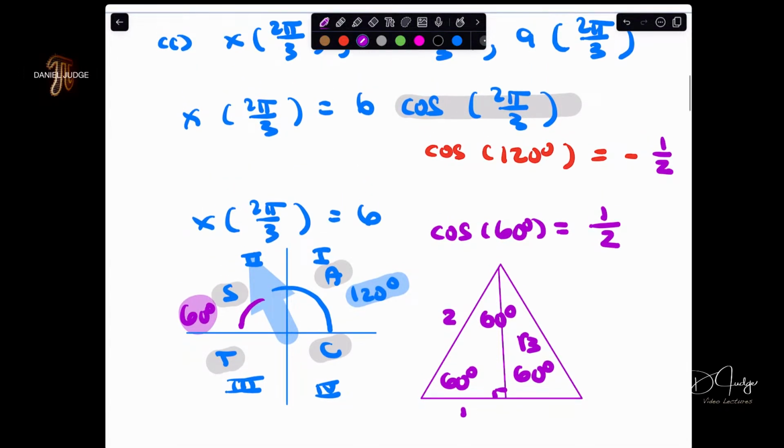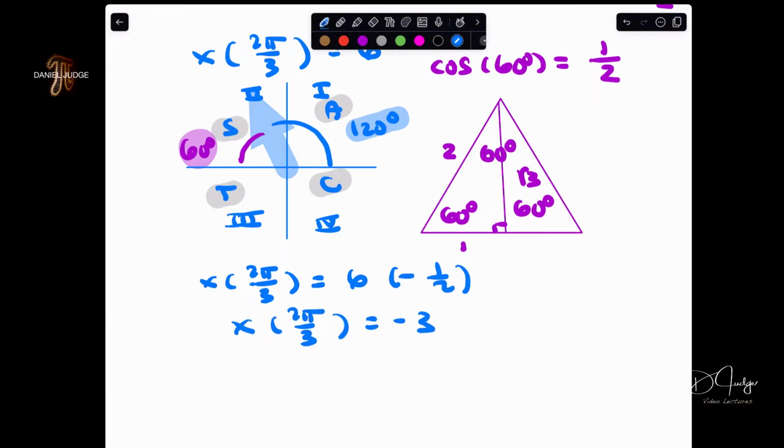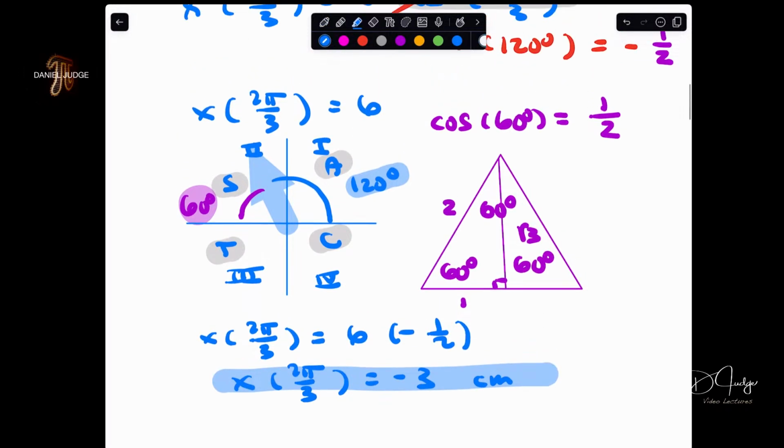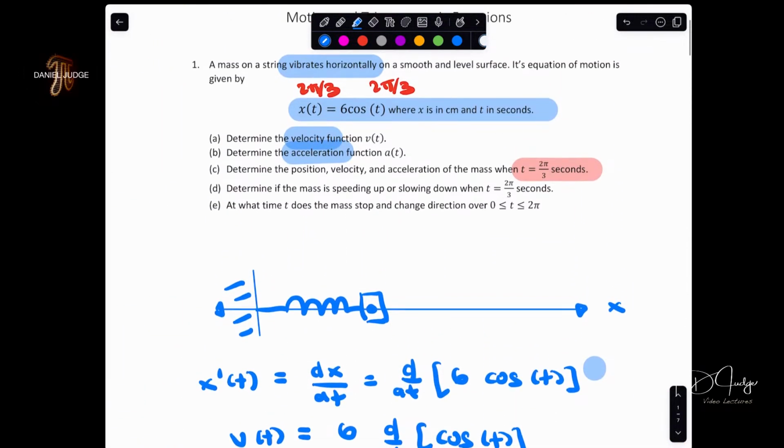Now, what that means here is if this is negative 1/2, the position at 2 pi over 3 is 6 times negative 1/2, or simply negative 3. Now, that's in centimeters here. So, we got another answer that's important to get. It's negative 3 centimeters.